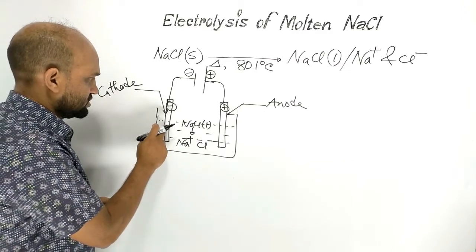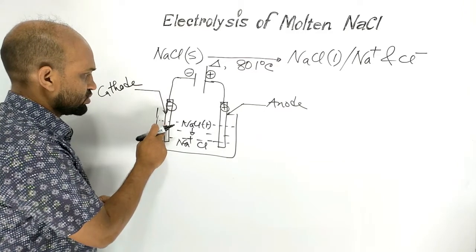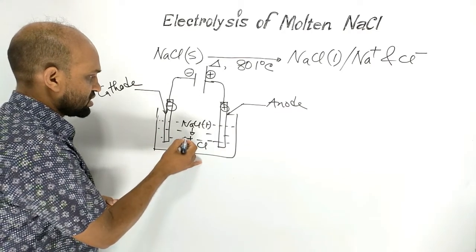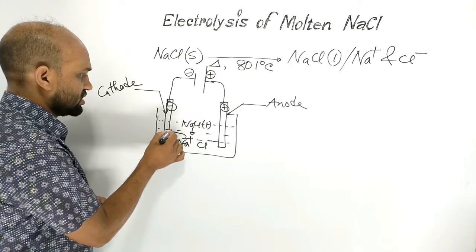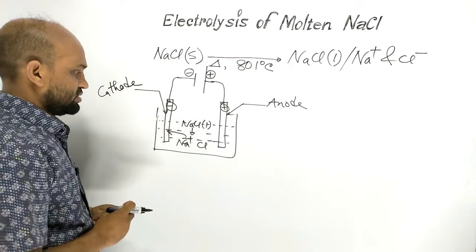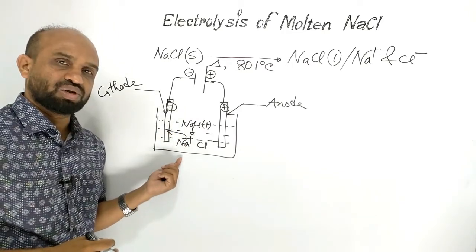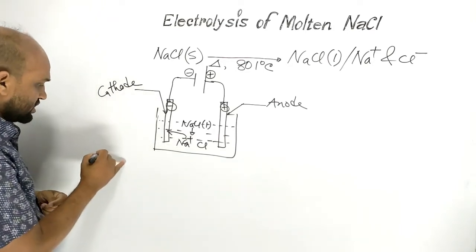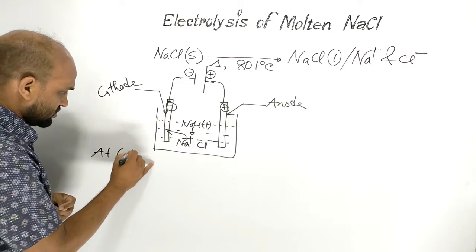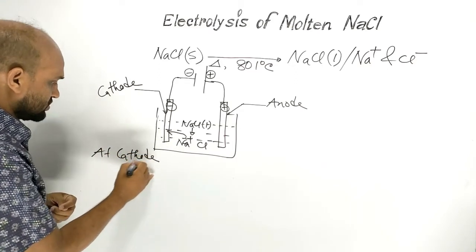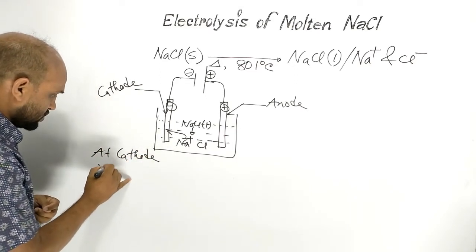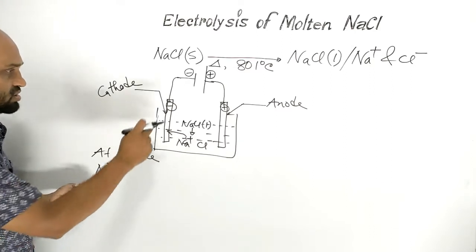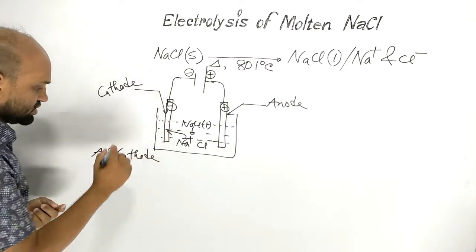As this is the negatively charged bar, positively charged ions will move here and reaction will happen at cathode. Reaction at cathode. Sodium ion is electronically deficient, and the cathode is electronically rich.